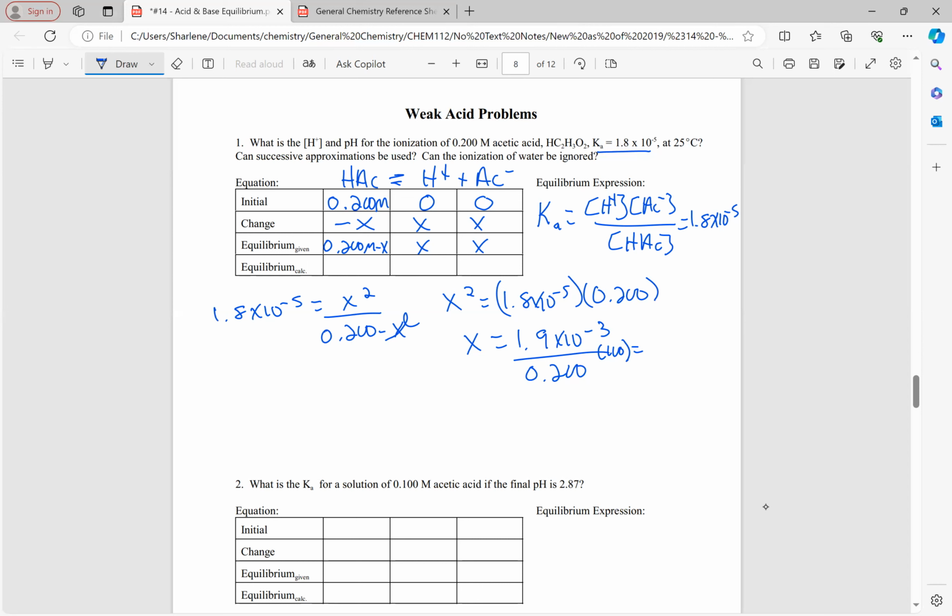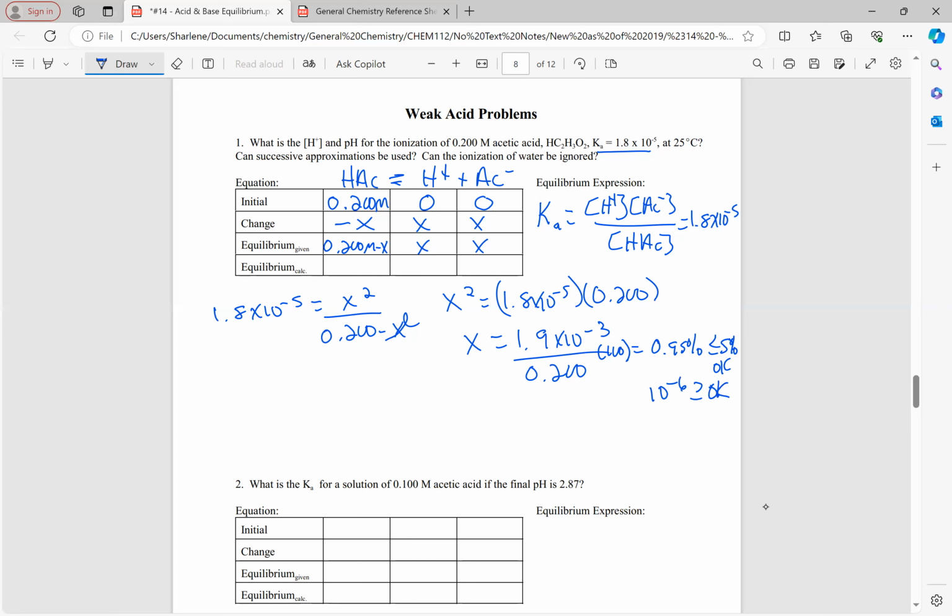Let me do a double check. Yes, 0.95%. So that was a very good assumption. And it is greater than 10 to the minus 6, so I can ignore water.